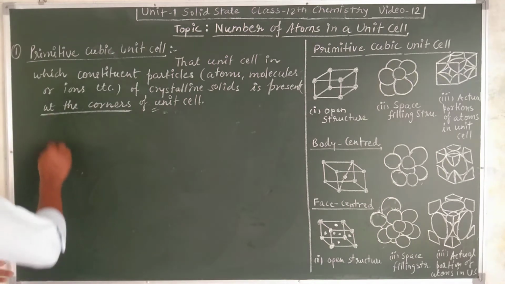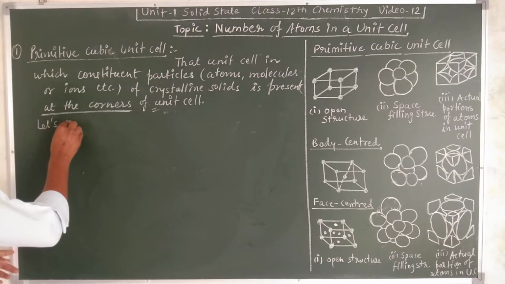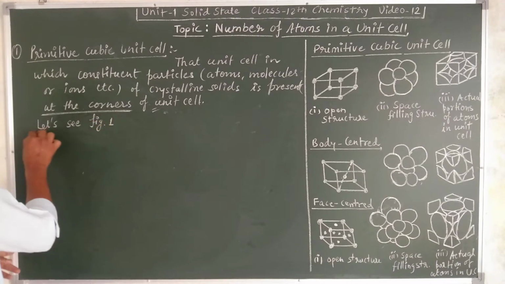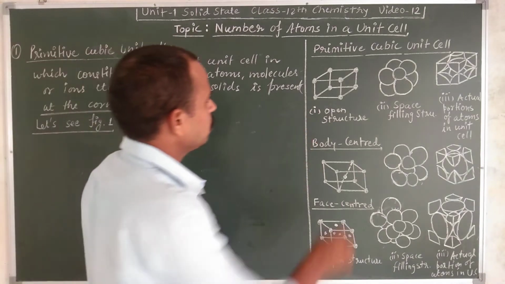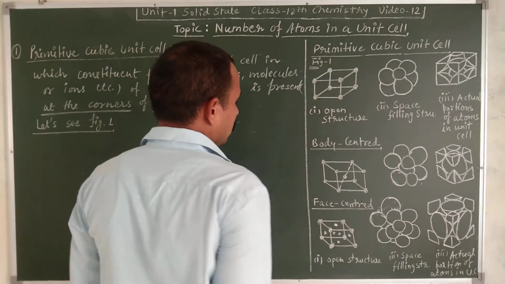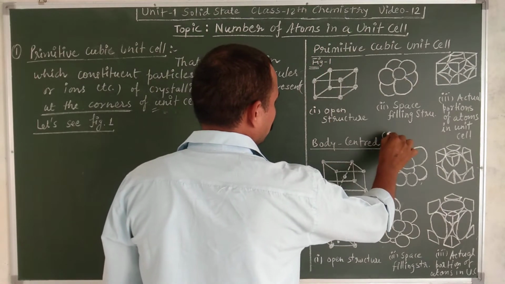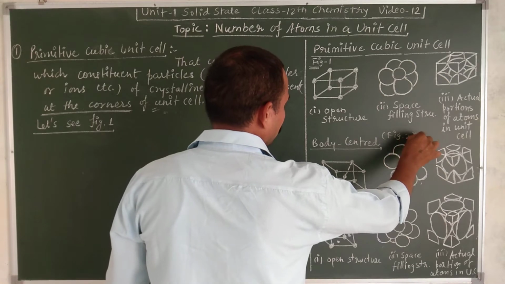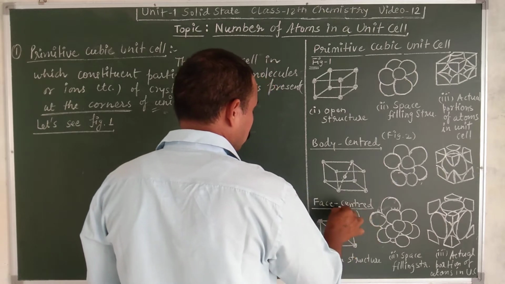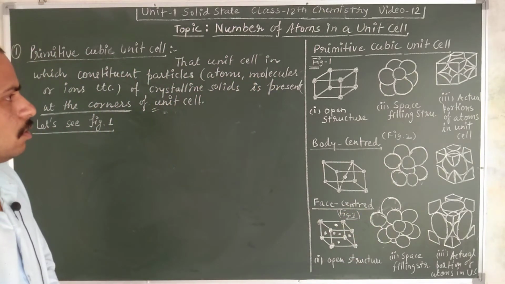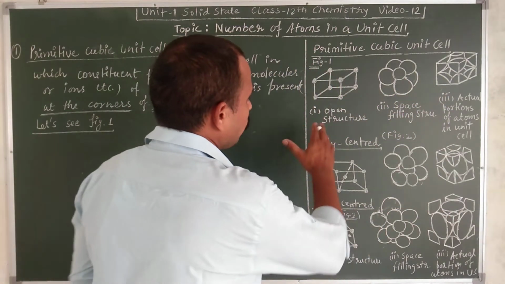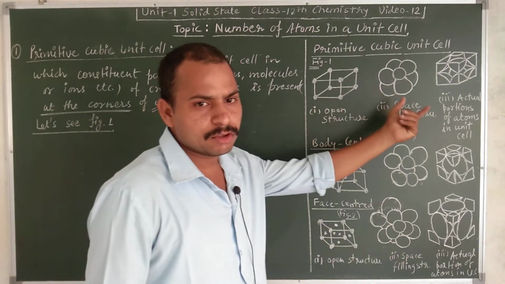So let's see figure 1. So this is figure 1, and this is figure 2. We observe that in the first view, this is a primitive cubic unit cell.